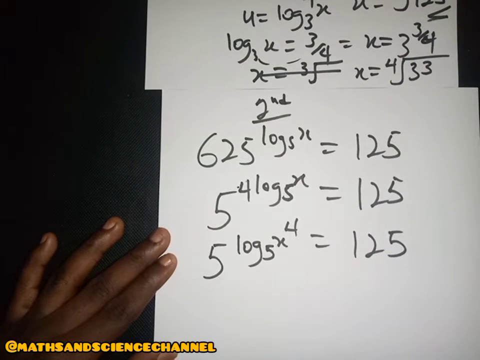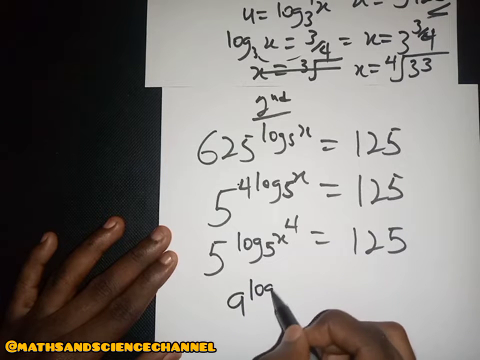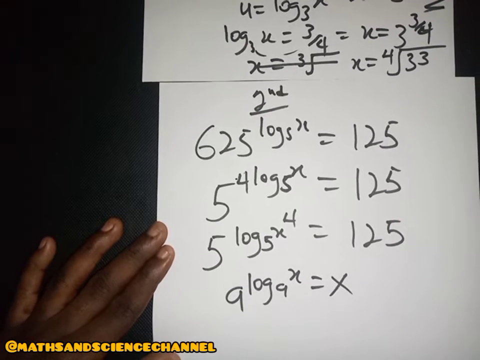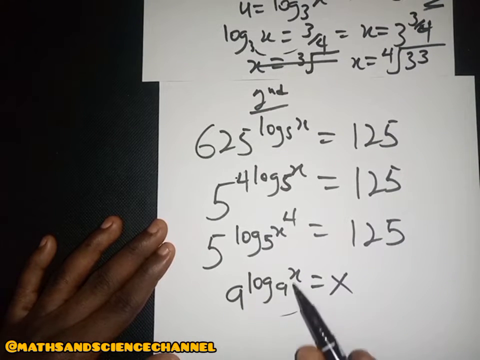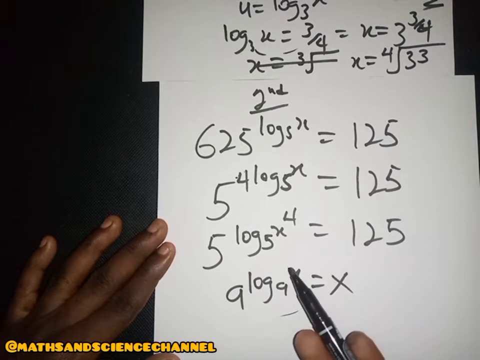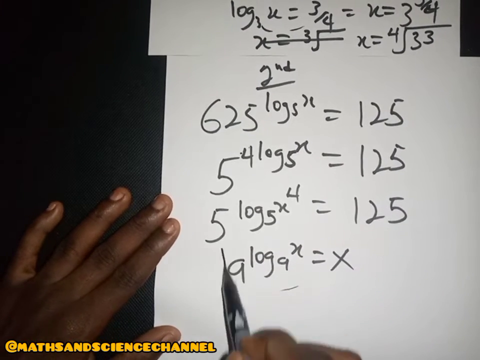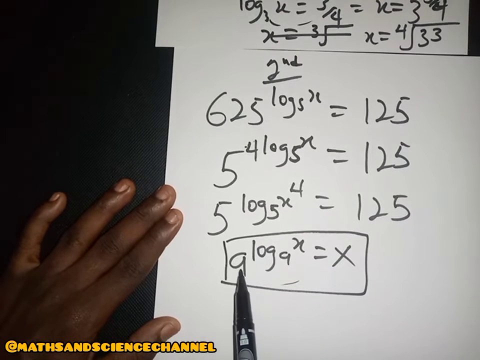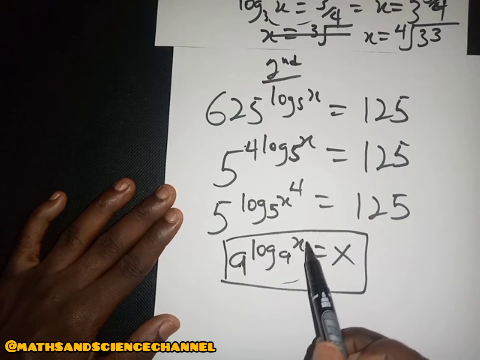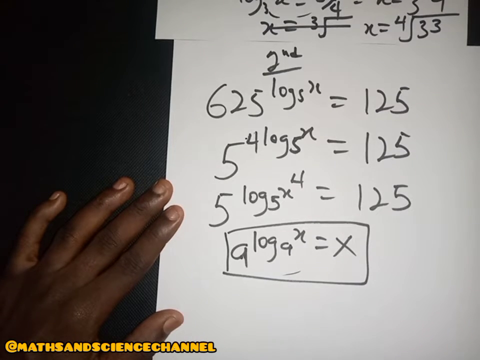Now from properties of log, if you have a raised to the power log base a of x, this is just going to give you x. You can quickly show that by equating this to a variable, let's say k, and then you take the log of both sides, and therefore we are going to get the value being equal to x. So this is from one property of log. Since we have 5 here, and the base 5 here, we can write the whole of this as x.